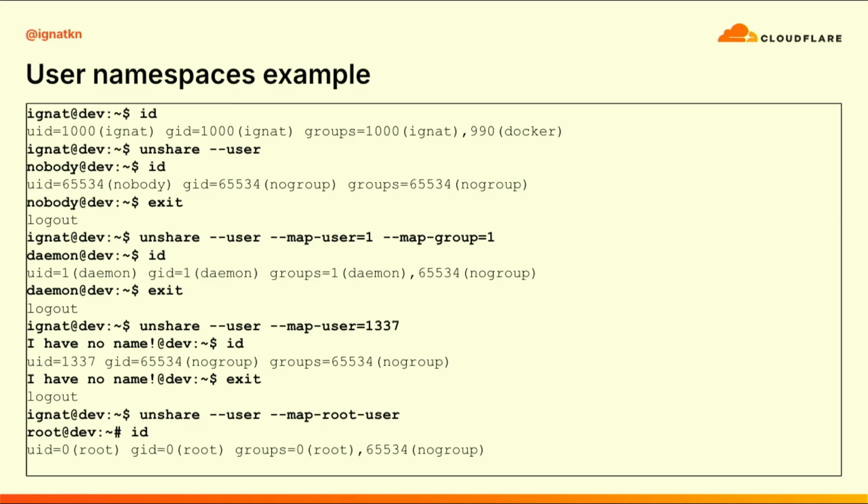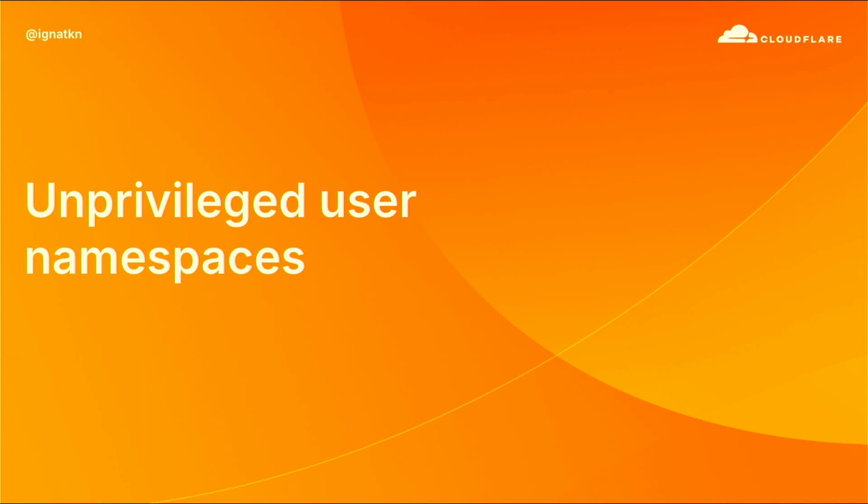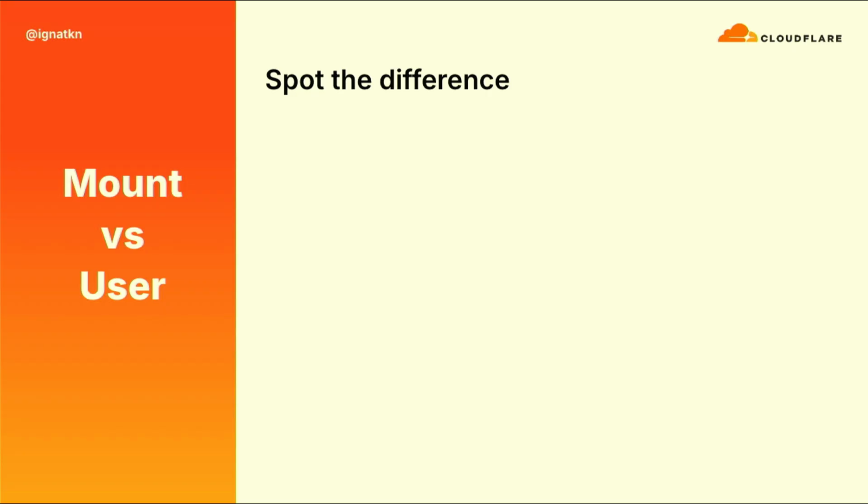And now I'm root. There are other namespaces which I omitted because I only have 30 minutes, but there are many other namespaces used by containers, PID, cgroup, etc., which can also separate your resources. Now let's talk about unprivileged user namespaces.